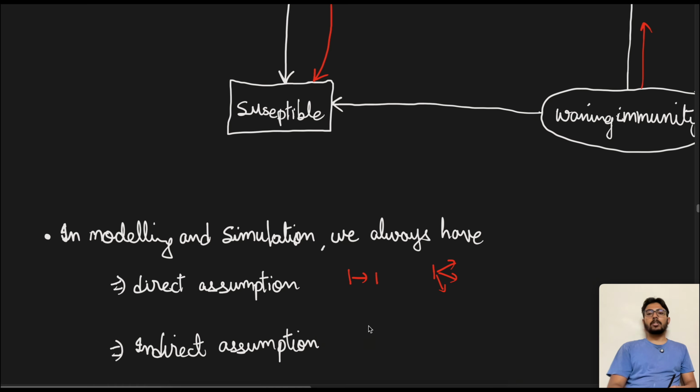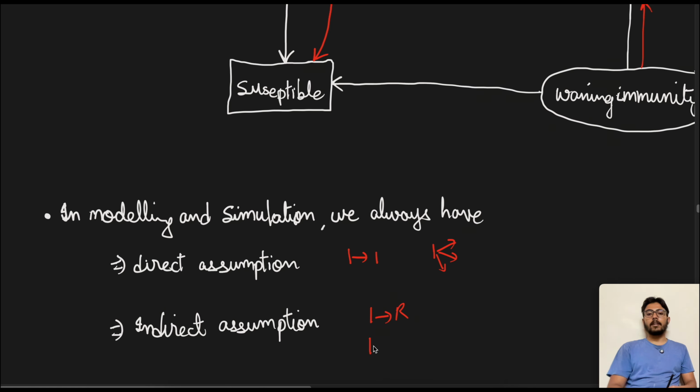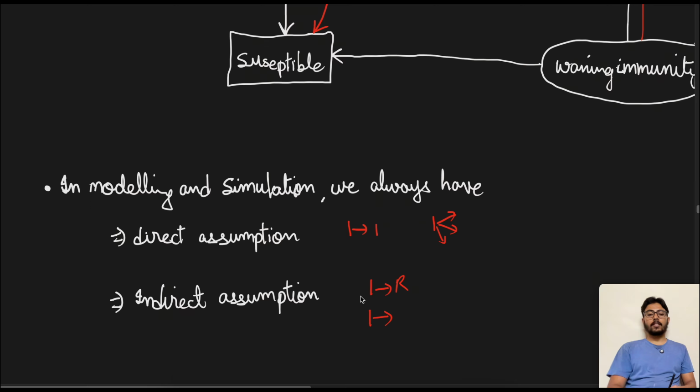And an indirect assumption is that we always consider an infected individual to go to the recovery state, but it may happen that due to very weak immunity the person may never recover, or even the disease can be fatal, right? Those scenarios are the indirect assumptions that we take during modeling and simulation.